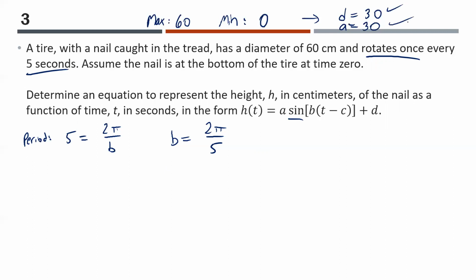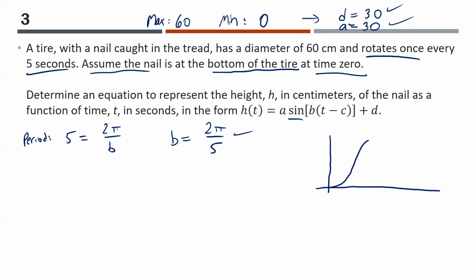So we have d, we have a, we have b. We just need c. And this is where we have to take advantage of the idea that we're using sine here. We've been told in the question we have to assume the nail is at the bottom of the tire at time 0. Personally, I like drawing a little sketch so I can see what's going on. Since it's starting at the bottom, the sine wave that's going to form is going to look something like this.